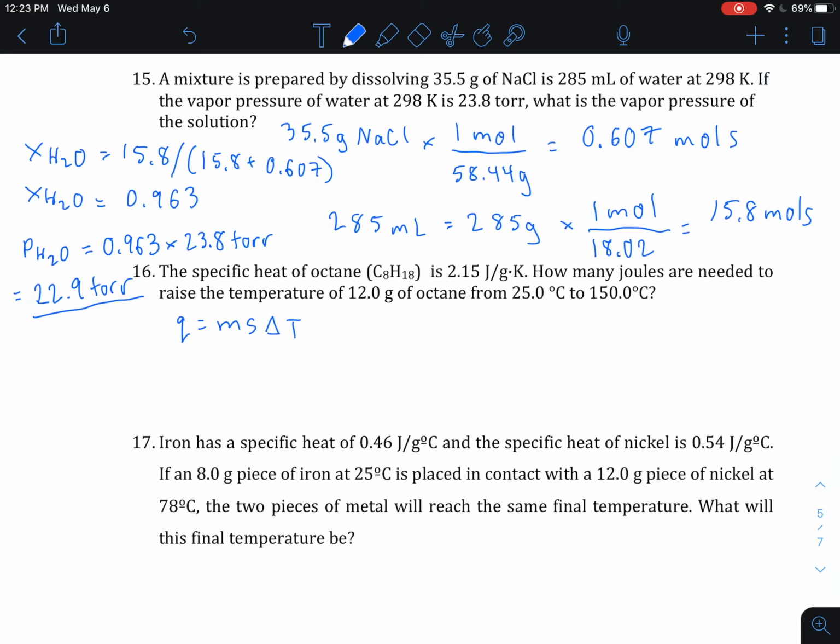This is just a simple Q equals ms delta T or mc delta T, whatever you want to call it. And we have everything we need here. It tells us that there are 12 grams of sample. The specific heat of this sample is 2.15. And the temperature change we're trying to achieve looks like it's 125.